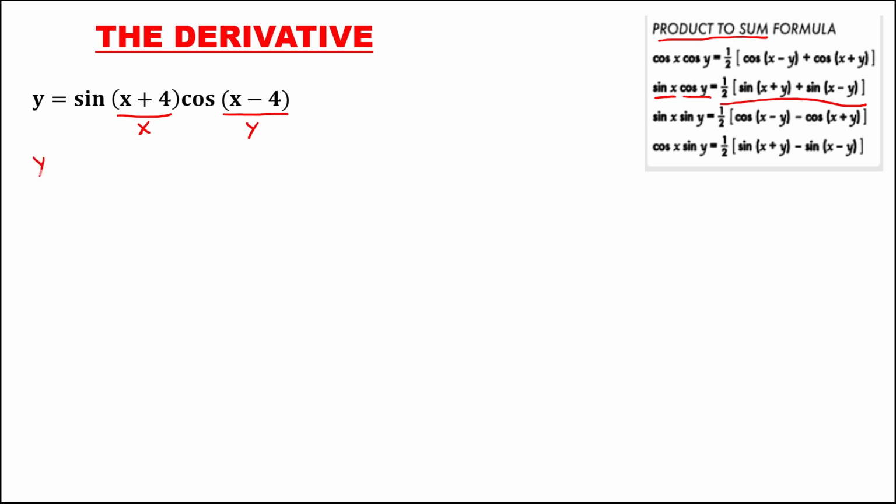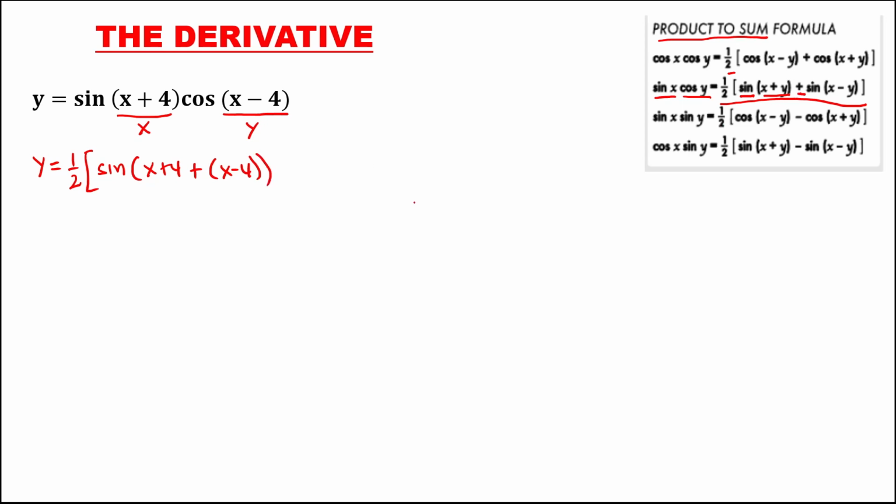So this is y equals 1/2 times sine of x plus y. So x is x + 4, then plus y, and y is x - 4.